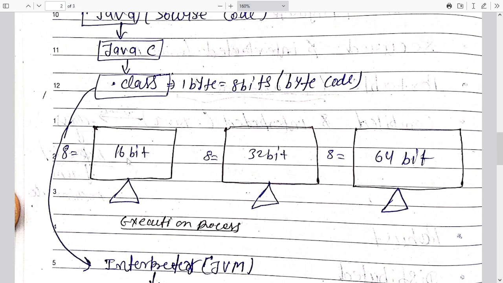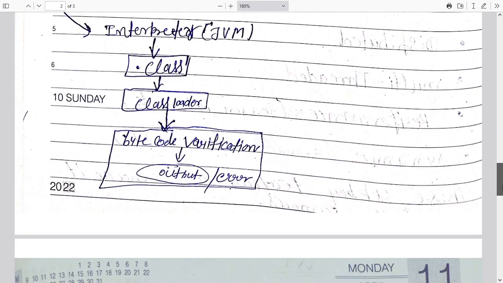We can have 8-bit, 16-bit, 32-bit and 64-bit, any type of system architecture, and all these processes are the same for everything.